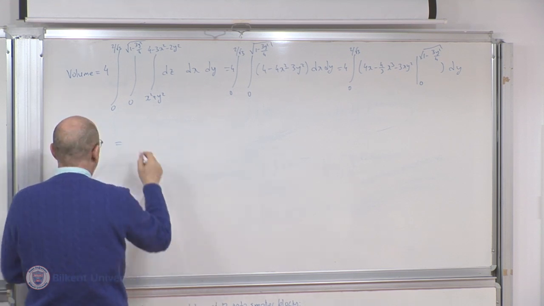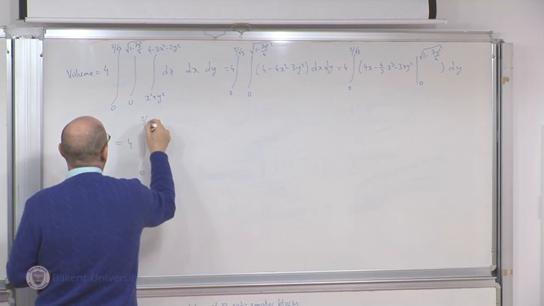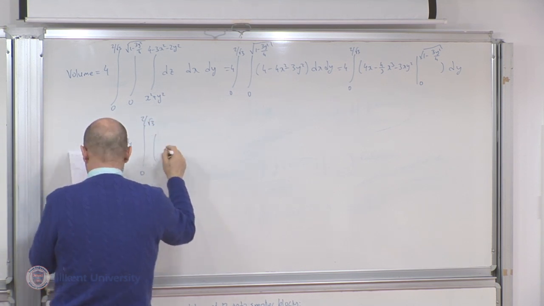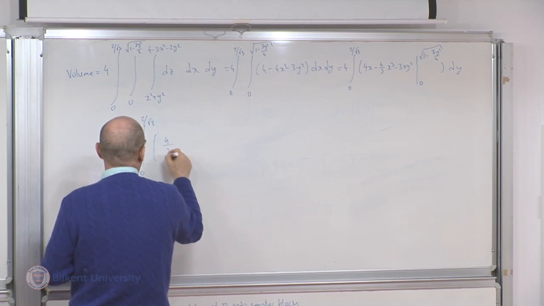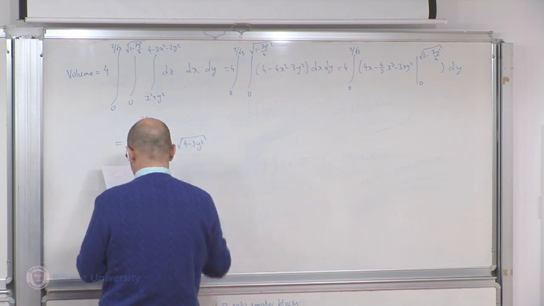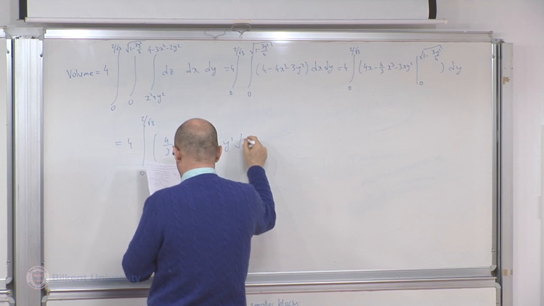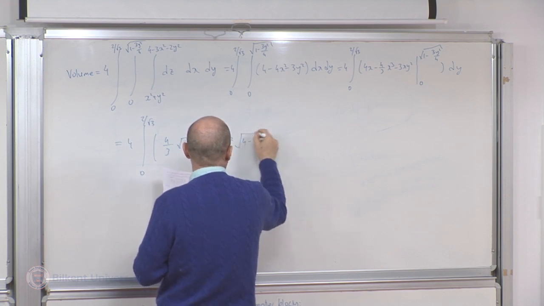Apparently I skipped several steps here. When you simplify, you will have 4/3 times square root of (4 minus 3y squared) minus y squared times (4 minus 3y squared).